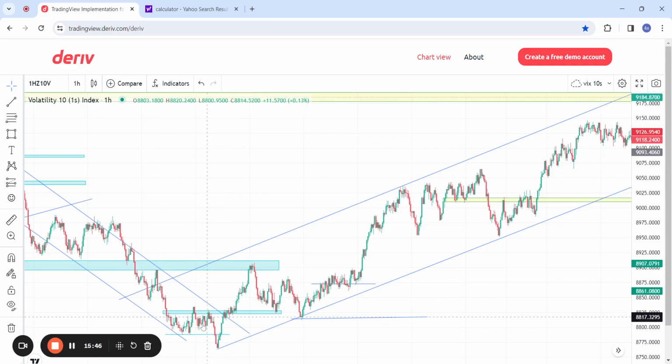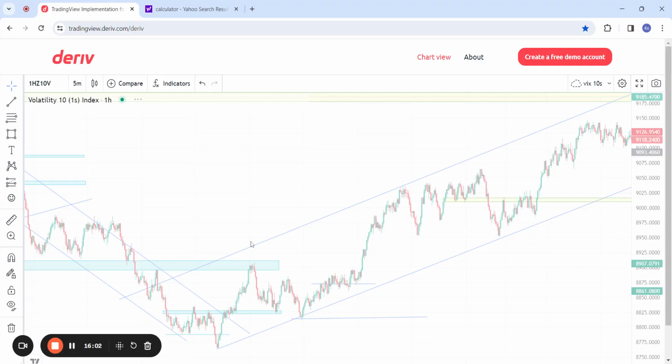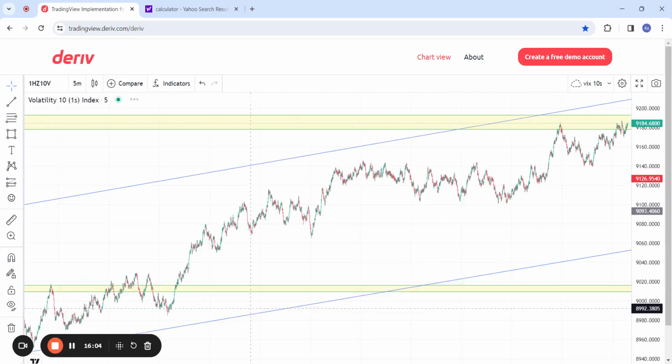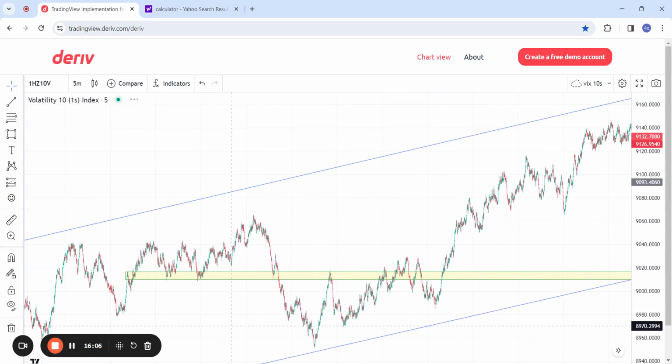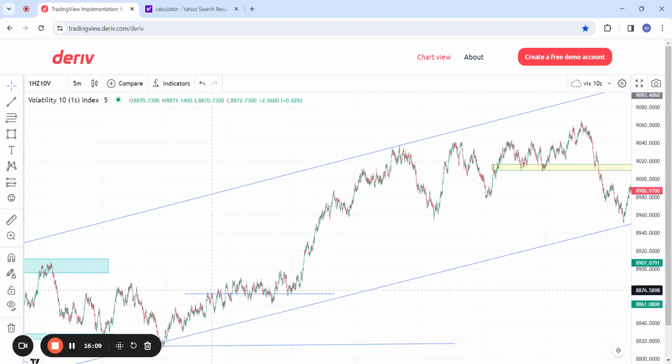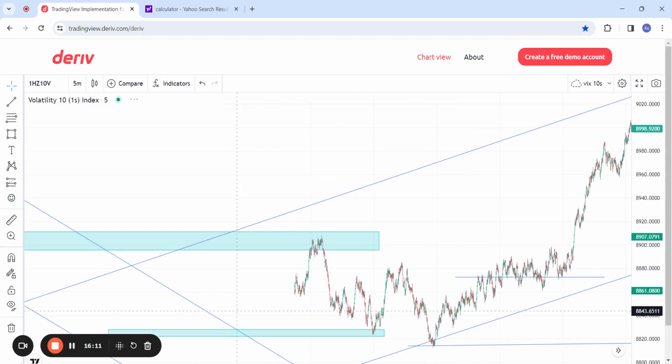Once I have certain confirmation, say I form an impulsive move and a pullback, I would identify this impulsive move, go to the smaller time frame, and then compound from the smaller time frame.